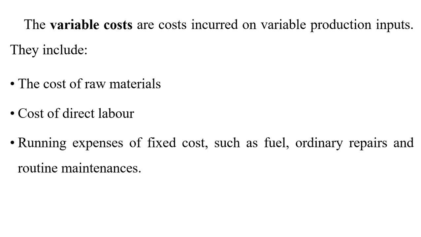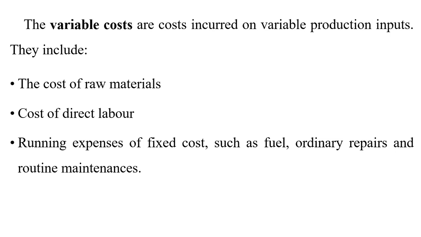If you take the cost of direct labor, let's take a simple production process, a block manufacturing factory. The output the firm wants to produce will determine the number of laborers that will be required in a day.